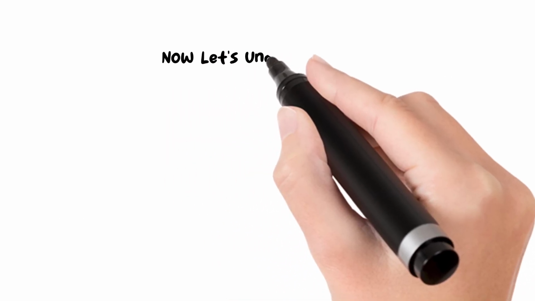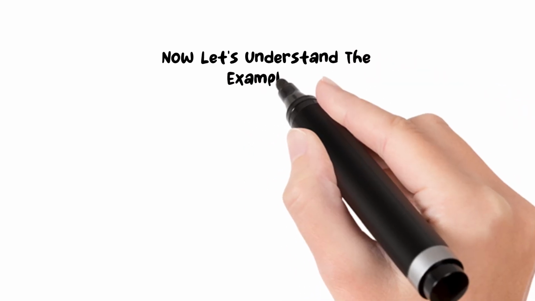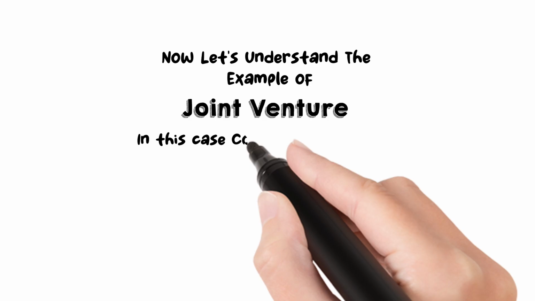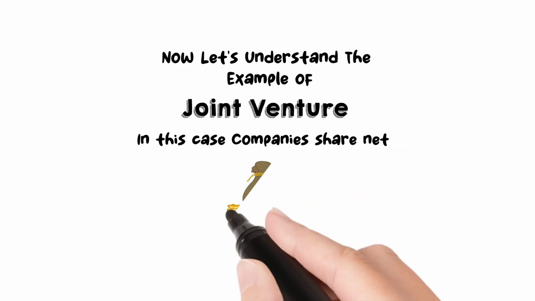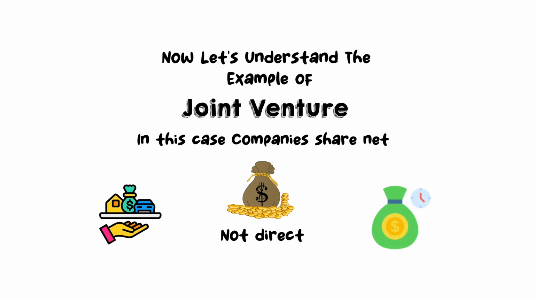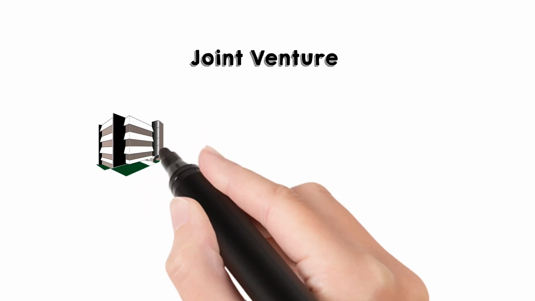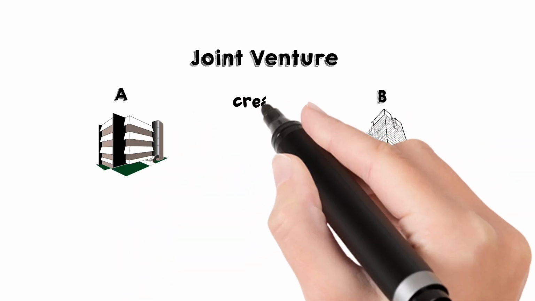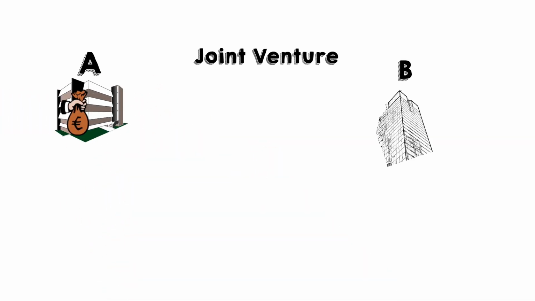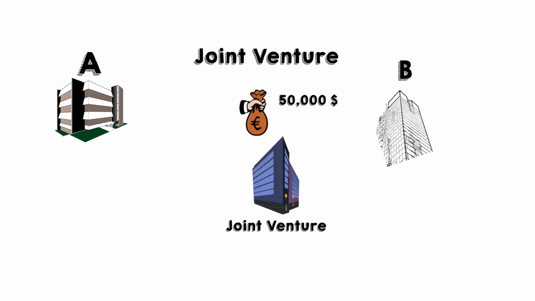Now, let's understand the example of joint venture. In this case, companies share net profit only, not direct assets and liabilities. Company A and Company B create a new company, a joint venture. Company A invests $50,000 in the joint venture.